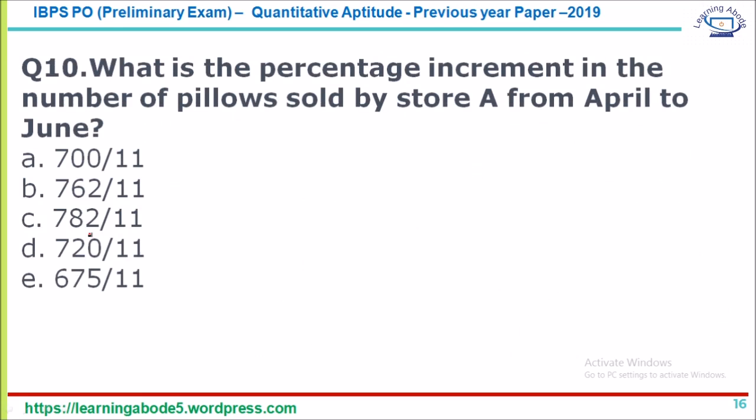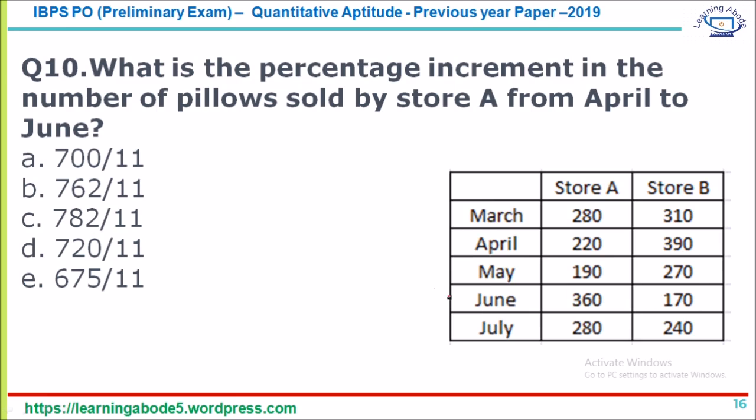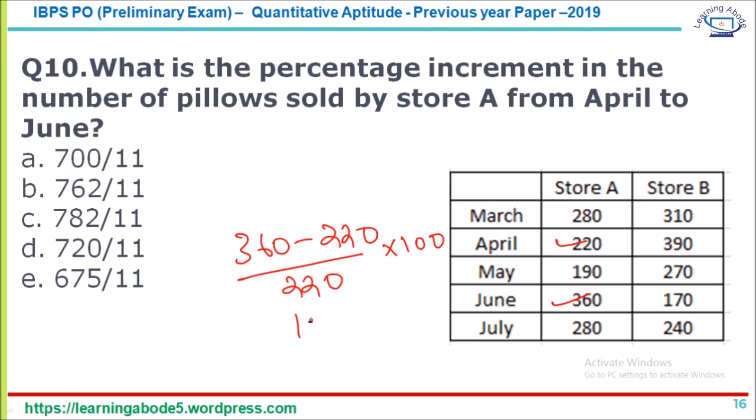Question number 10, what is the percentage increment in the number of pillows sold by store A from April to June? Okay, from April to June. In April 220, in June 360. So it is a percentage increase question. So 360 minus 220 upon 220 into 100. Okay, so that's 140 by 220 into 100.